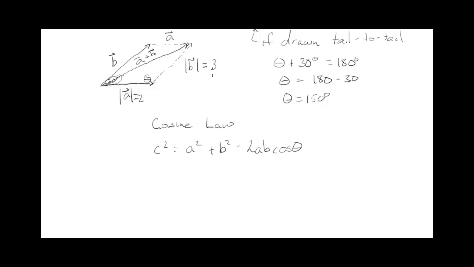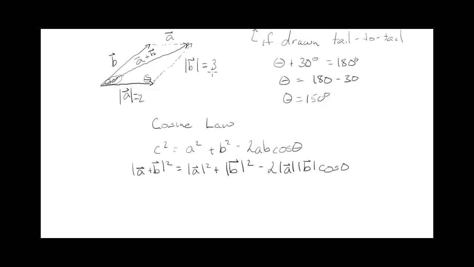In this case, c would be the magnitude of vector a plus b, squared. A would be the magnitude of a. Make sure that you're including these magnitude symbols. You can't just say vector a squared because it doesn't make sense to square a vector. You can square a magnitude, you cannot square the vector. So that's why these magnitude symbols are important in this equation.